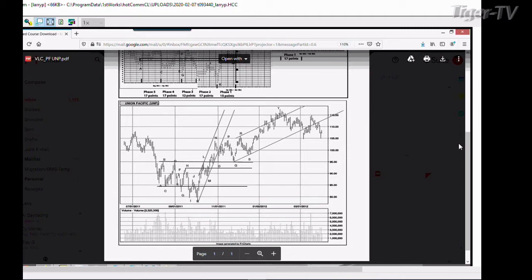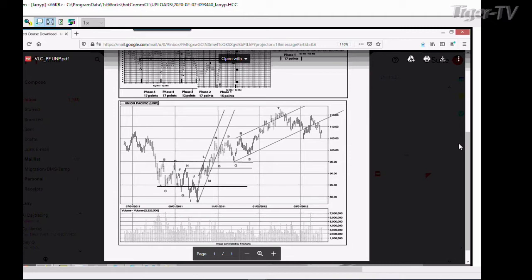If we go back up to the chart again, you will see phase 1 is 15 points, phase 2 is 17 points, phase 3 is 12 points, et cetera. And you'll notice that Union Pacific on this particular chart reached the objectives all the way up to point T, which was in the area of about $125.